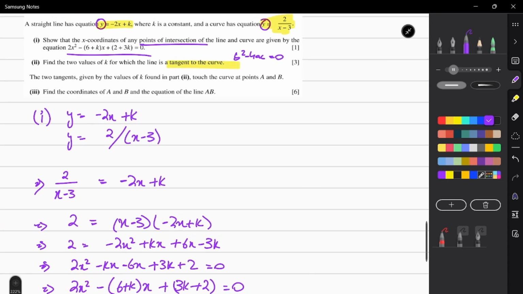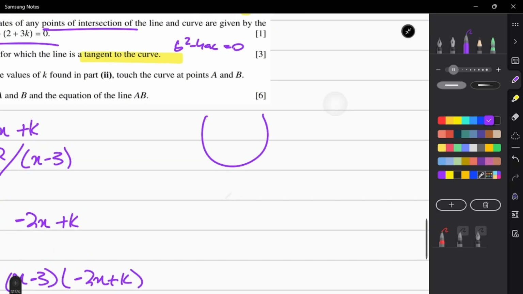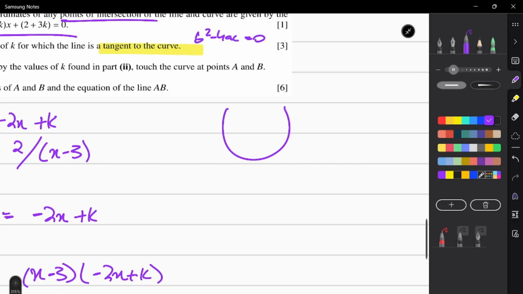So if I were to visualize this, then what's happening is that this is the curve, and there are two tangents here.